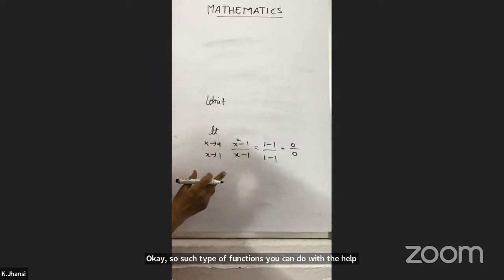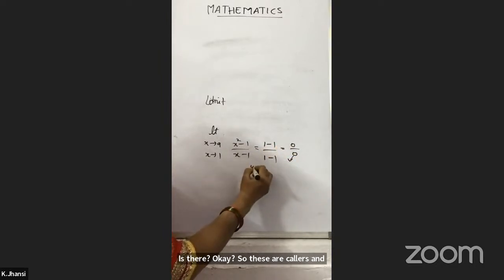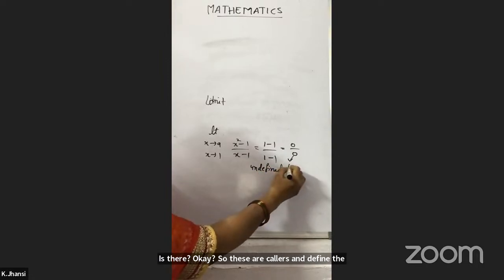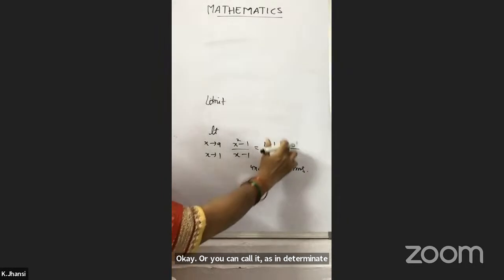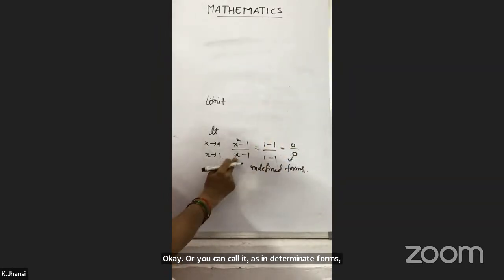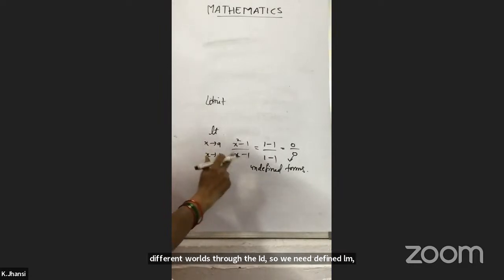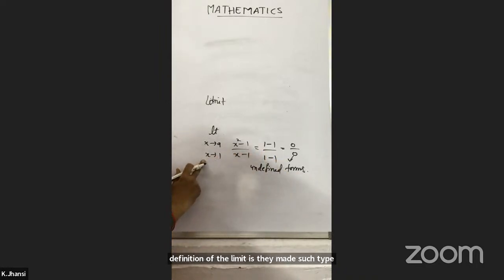There is a limit definition. These are called undefined forms, or you can call them indeterminate forms, different words for the same thing. We cannot define them directly, so there is another definition of the limit, and such problems can be solved with the help of that one.